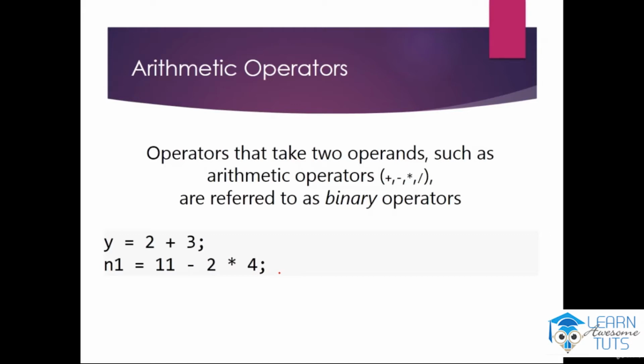So you can see here, for example, in the variable y it will be stored the value 2 plus 3, which means that we'll have the value 5, while the variable n1 will have the value 11 minus 2 multiply 4, actually 11 minus 8, so n1 will have the value 3.